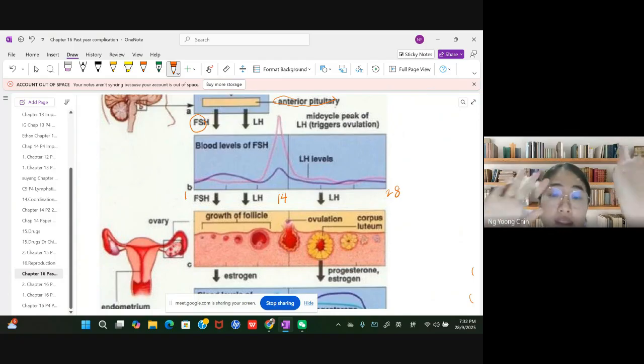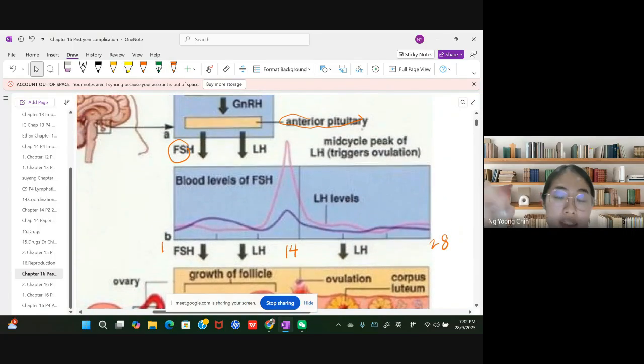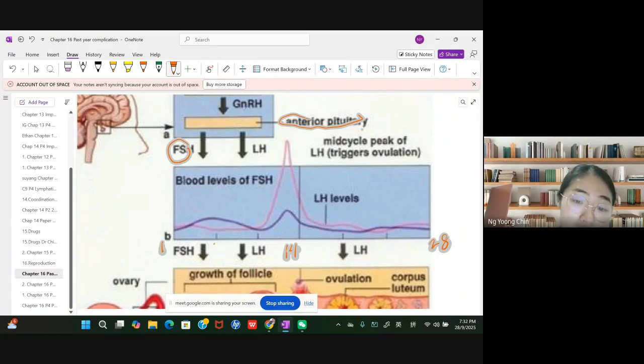So we need to stimulate the growth of the follicle first by the follicle stimulating hormone. Understand? So initially, in the first five days, from 1 to 5 days, the follicle stimulating hormone is increasing. Can you see this?